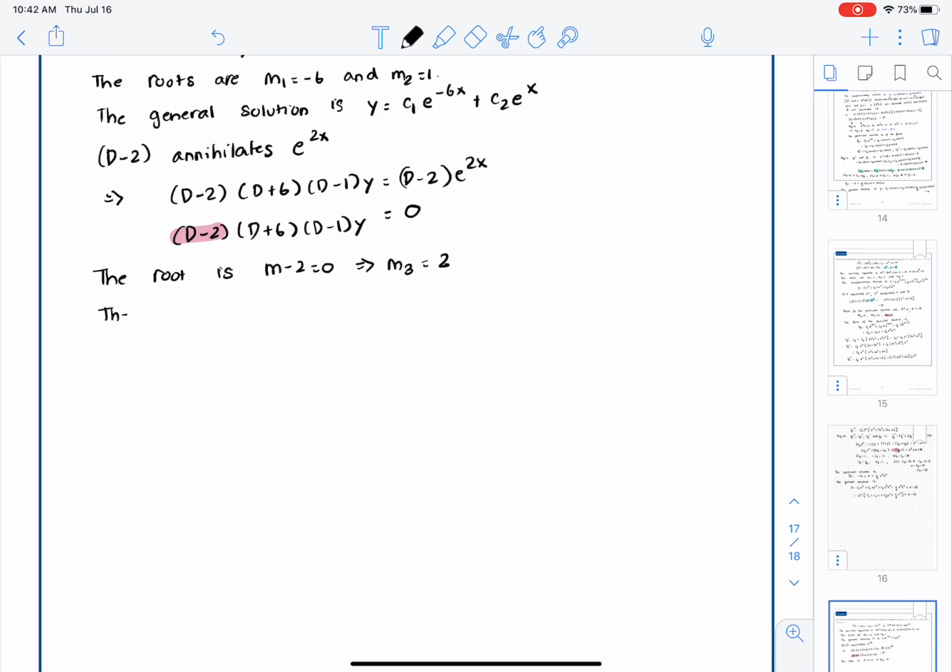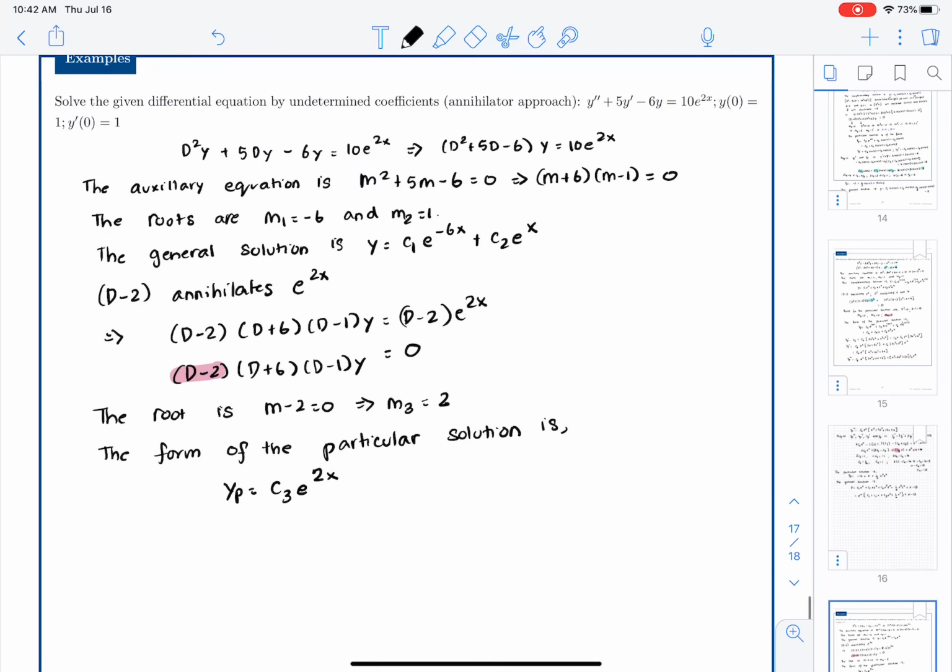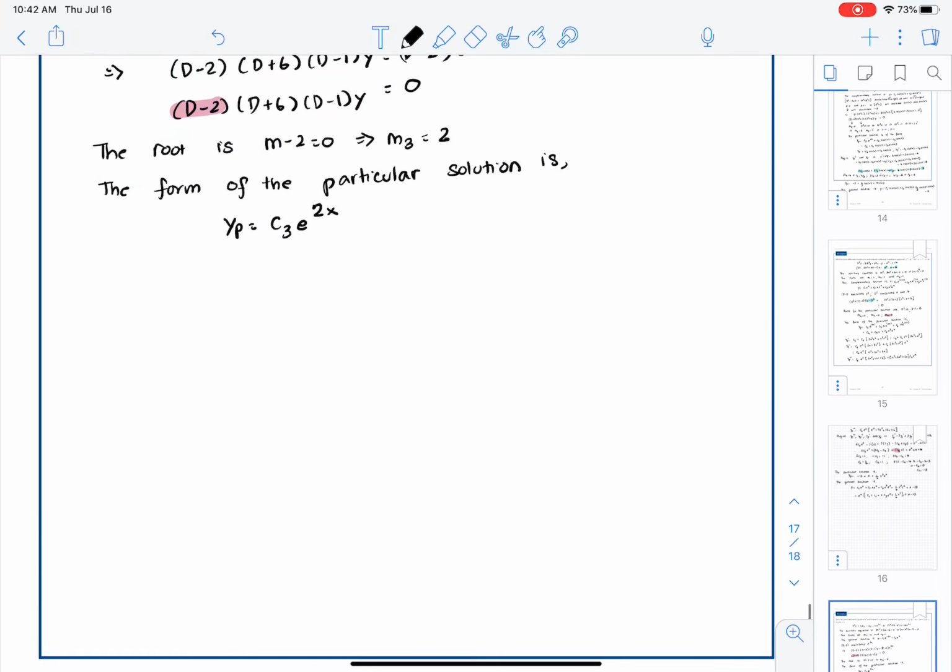So the form of the particular solution is yp equals c3 e raised to m3 x, which is 2x. Now we've got to find the first and second derivatives of yp.